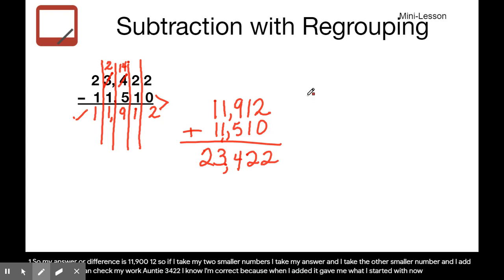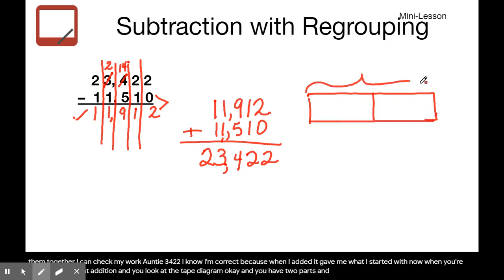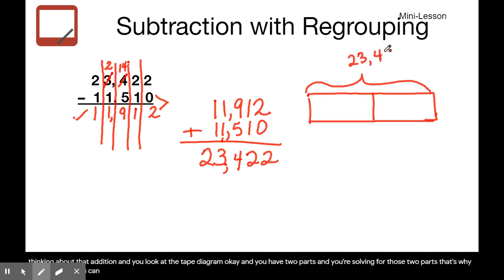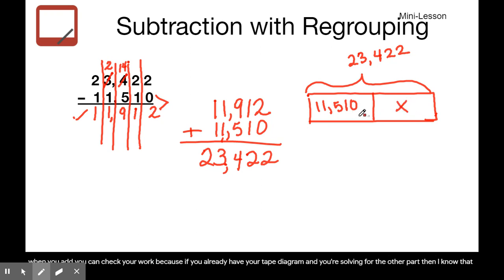Now, when you're thinking about that addition and you look at the tape diagram, and you have two parts and you're solving for those two parts, that's why when you add, you can check your work. Because if you already have your tape diagram and you're solving for the other part, then I know that these two parts added together give me my total.